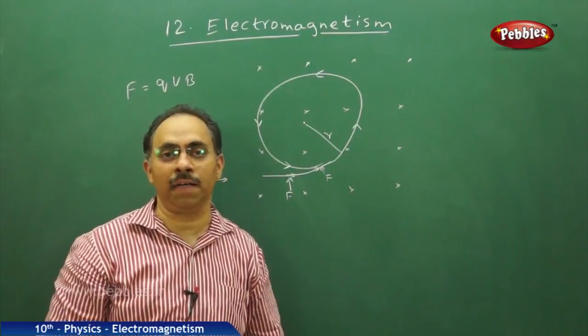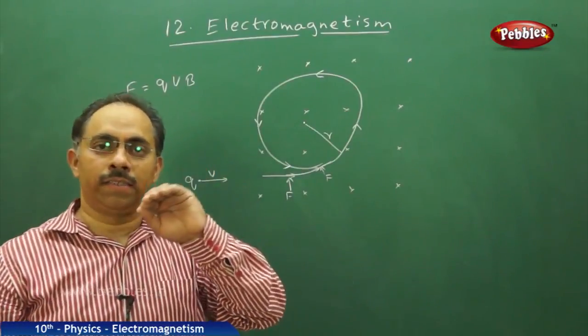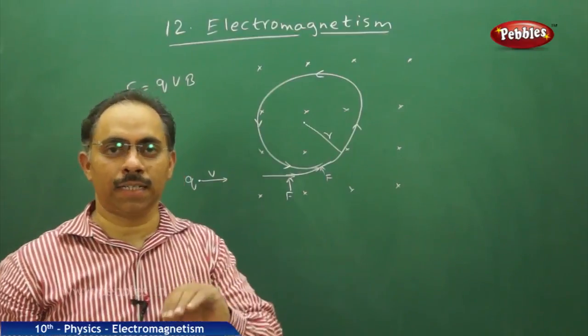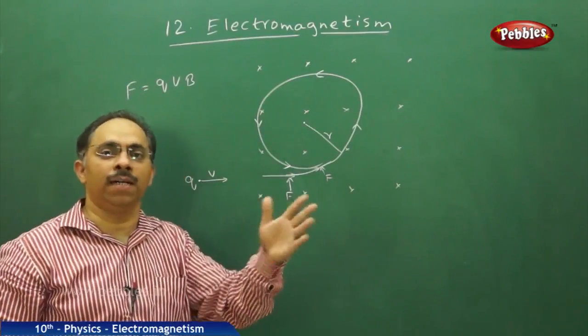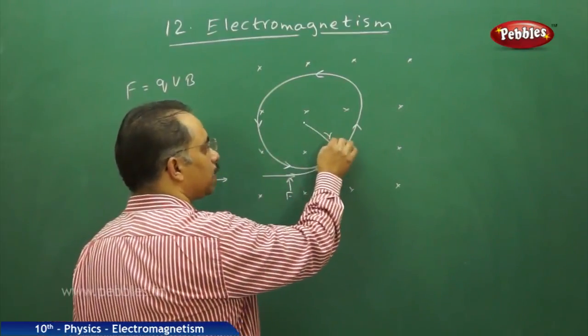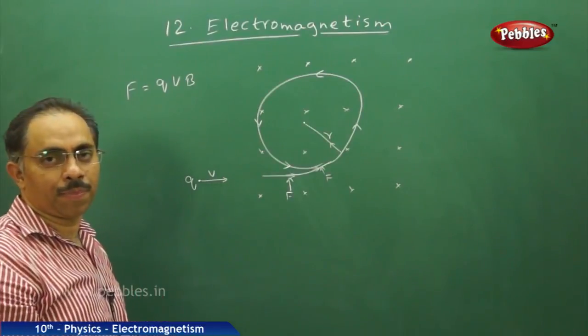We'll call it a centripetal force. Centripetal means directed towards the center. So this force is always directed towards the center, because of which the charged particle is moving in a circular path.